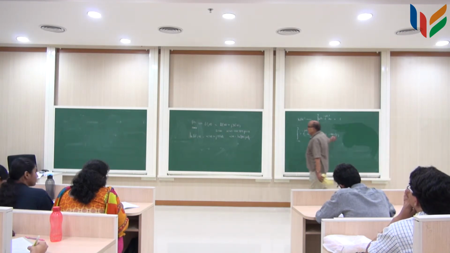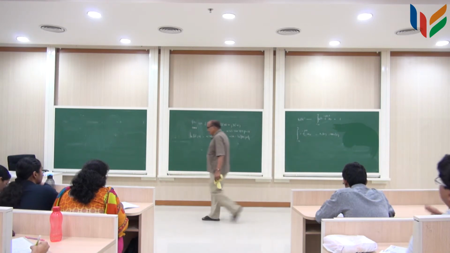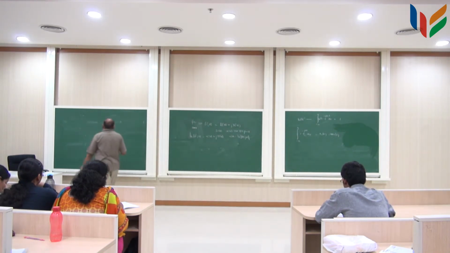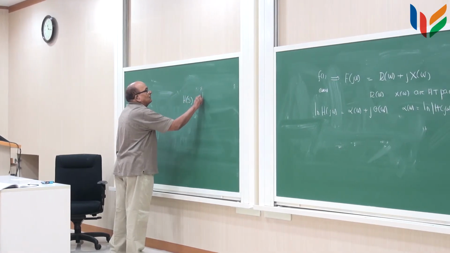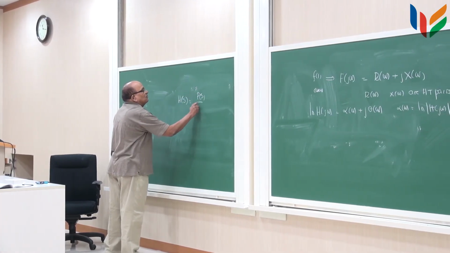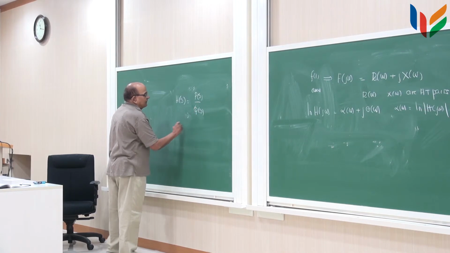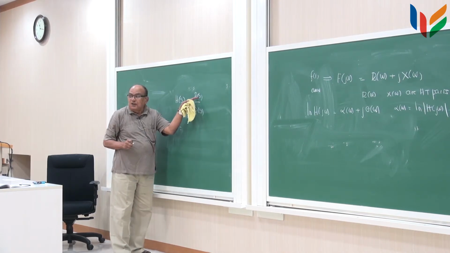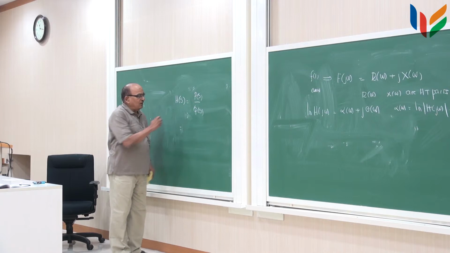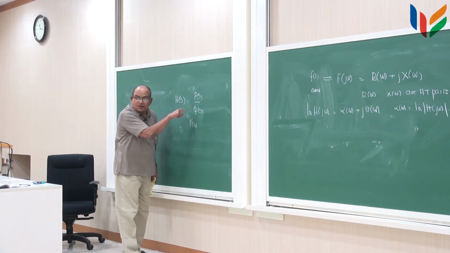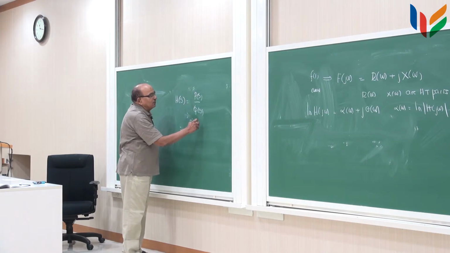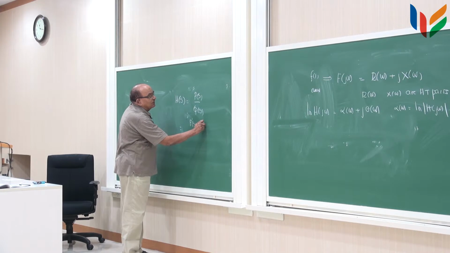If you have a transfer function like what you have written there, H(s) equal to P(s) by Q(s), and if this has a zero in the right half plane, so P prime(s), which is without the zero in the right half plane, and say only one zero in the right half plane, which is equal to s minus s naught.